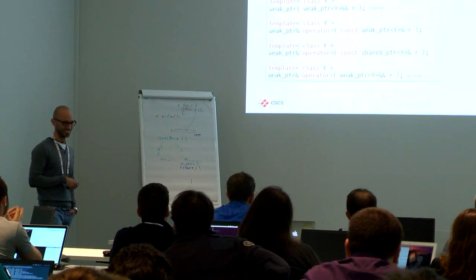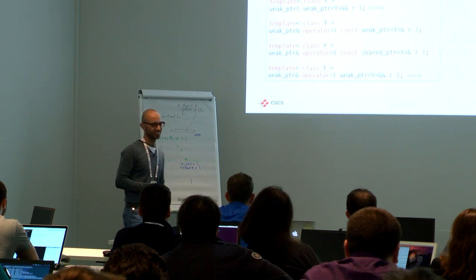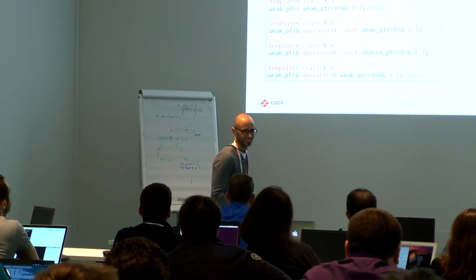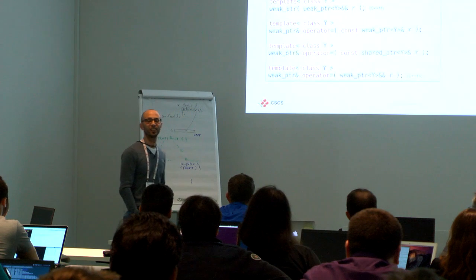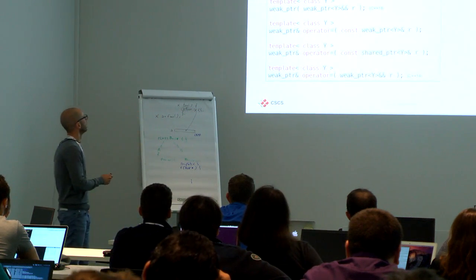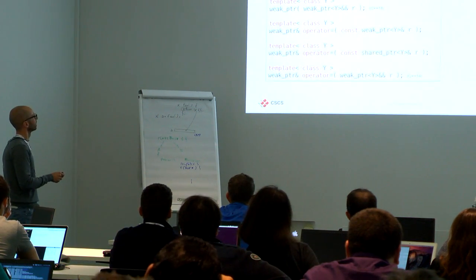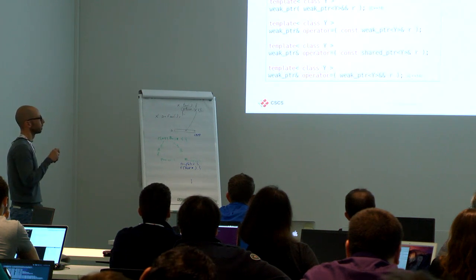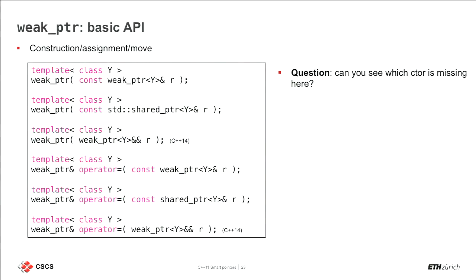It is just a quick question. Yes, the default constructor, but there is another one. The correct question I should ask is, with respect to the shared pointer, which constructor is missing? Sorry, it was an important part of the question.